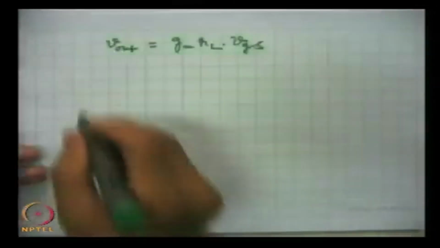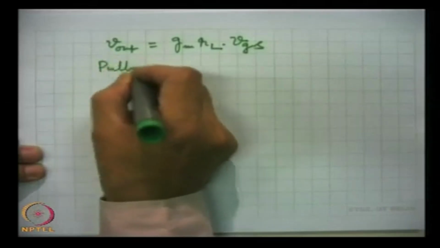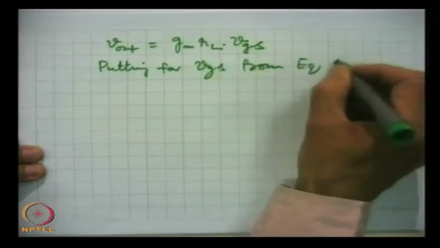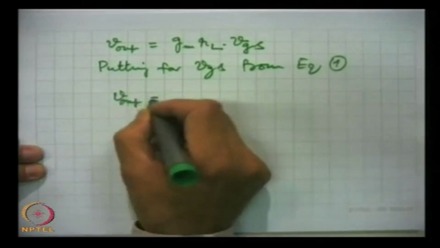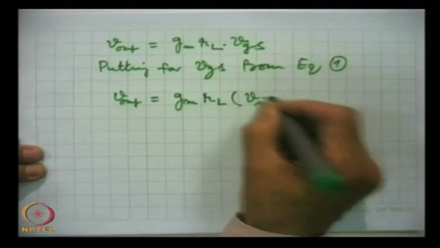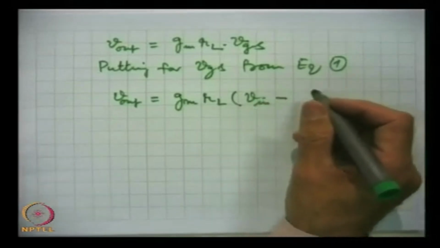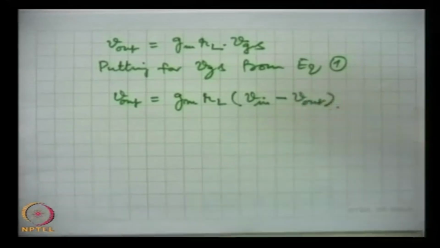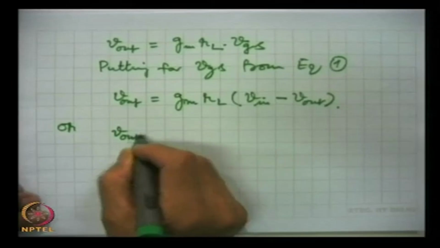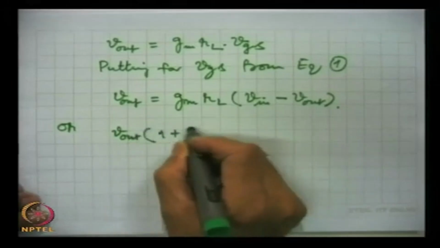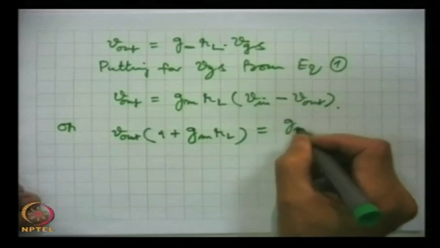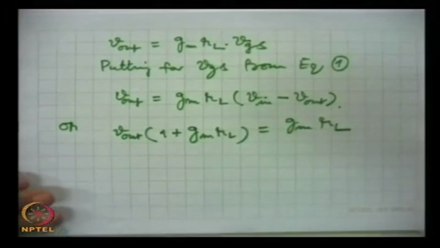So, we write like that, putting for VGS from equation 1, we have V out equal to GM RL into V in minus V out, or V out into 1 plus GM into RL equal to GM into RL into V in.